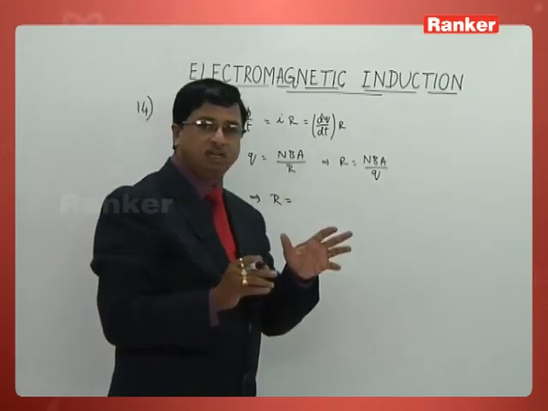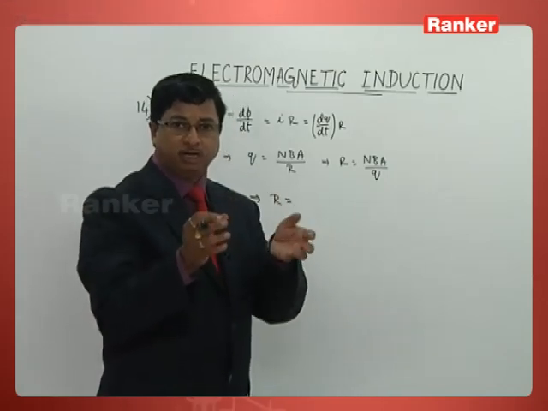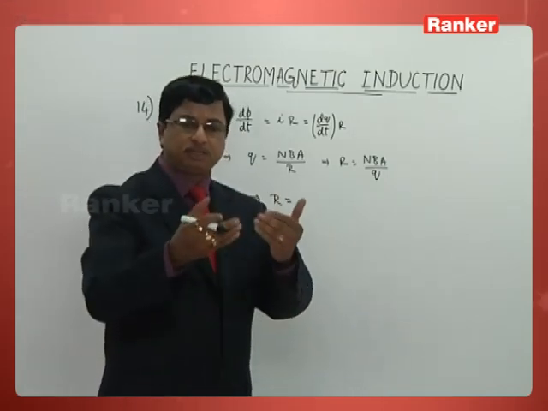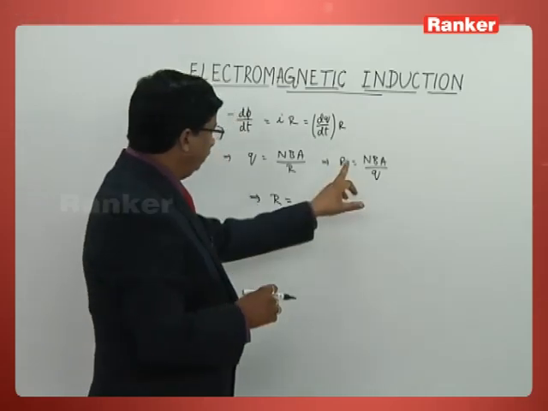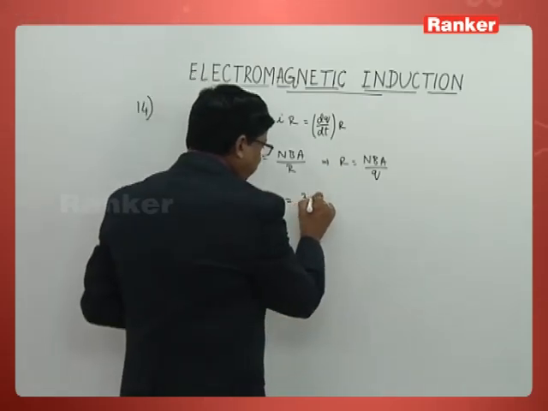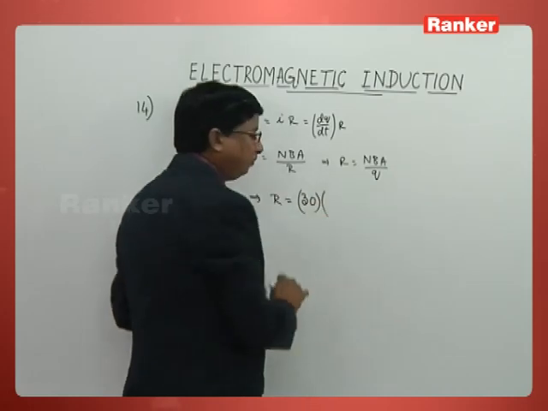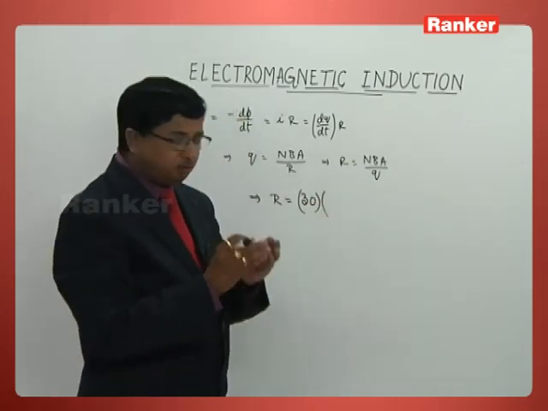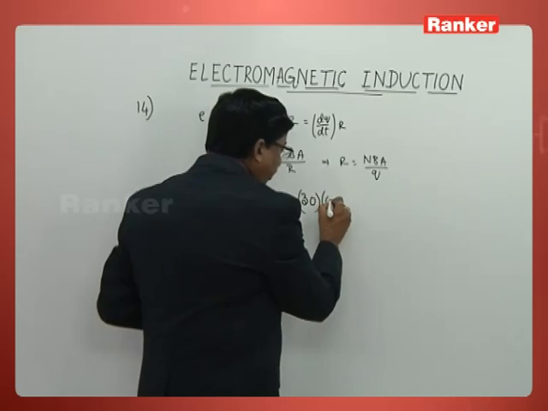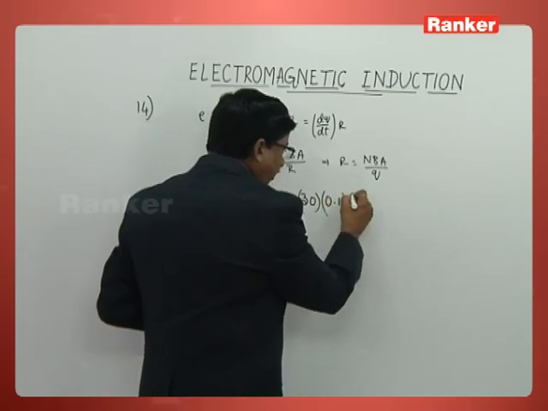Let us once again check the values provided in the problem and substitute them in this formula. N is given as 30 turns. Fine. The value of B that has been mentioned over here is 0.1 Tesla.